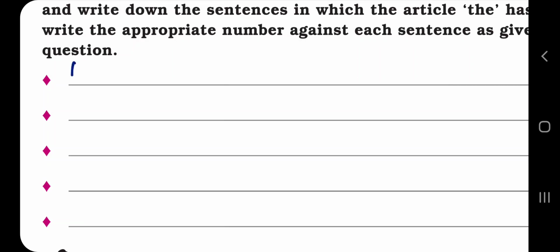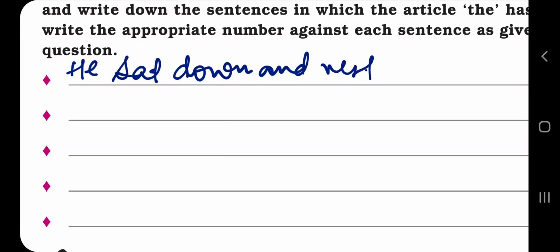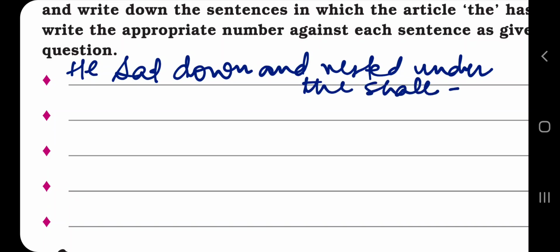He sat down and rested under the shade. So what would it be here? When a person or thing is particularized, the shade. So here is the, so it should be 1.